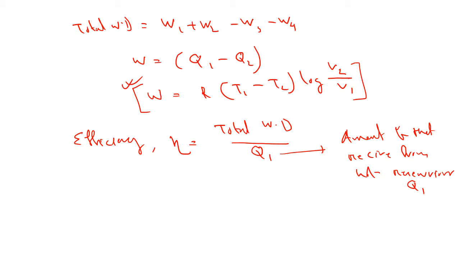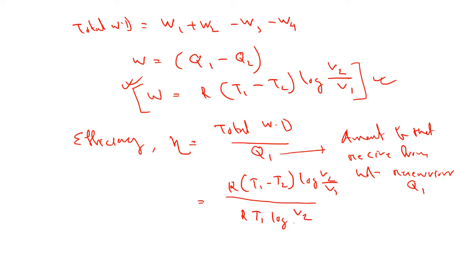So now what is the next step? Next step is the total work done. I can just put the value R into T1 minus T2 log V2 by V1, this total work done W. Then what is the Q1? R T1 log V2 by V1.